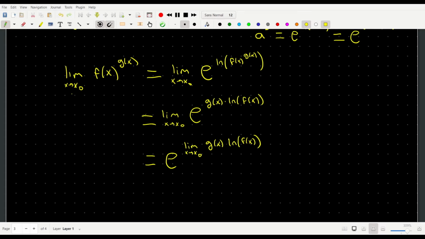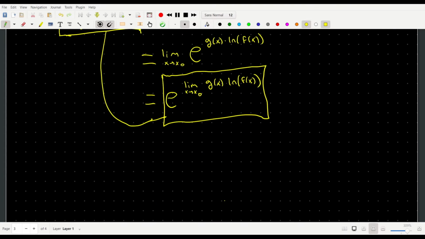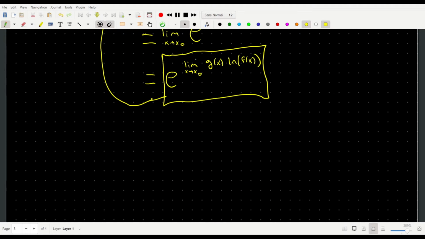And so the value of this 1 to the infinity indeterminate form, this limit that we're looking for, is the same thing as the exponential function of the limit of g of x times ln of f of x. If we can determine this limit, when we raise e to that power, we have the exact value of the limit.